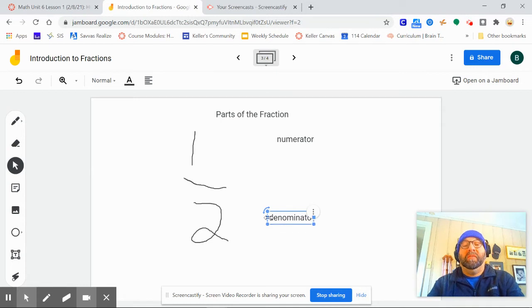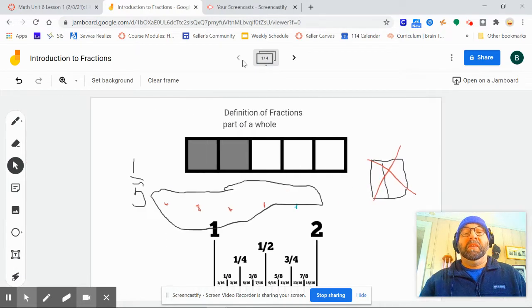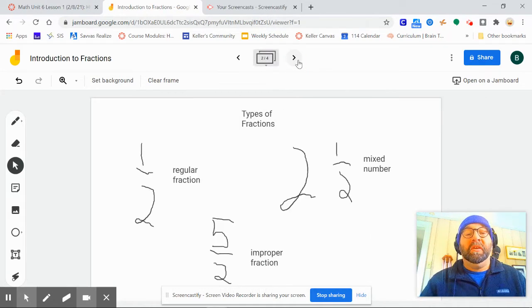So you're going to pause this video and add these words and these pictures to your notebook. The first thing you need is the first slide with the fraction, so draw your best part of a whole so that you can define the fraction. Next, write down your types of fractions: your regular fraction, the mixed number, and an improper fraction.